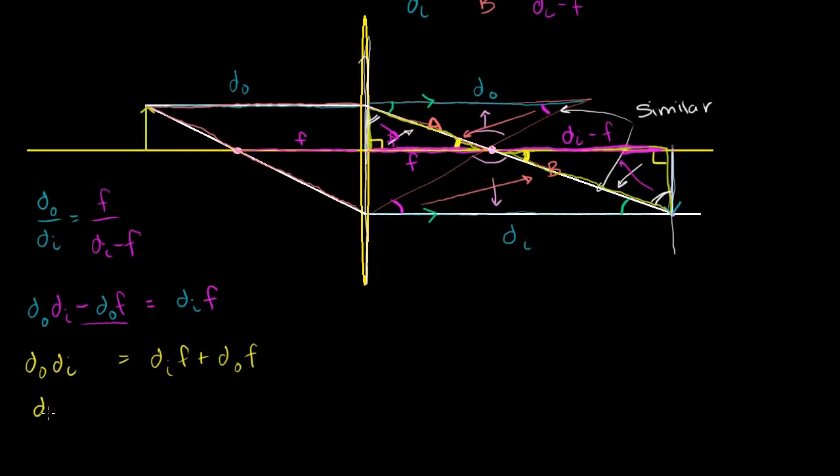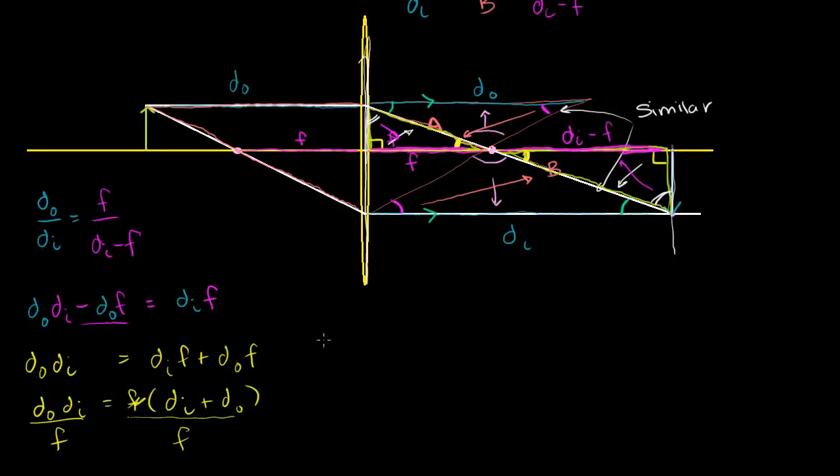So we get d naught di is equal to f times di plus d naught. And then we could divide both sides by f, essentially canceling it out.